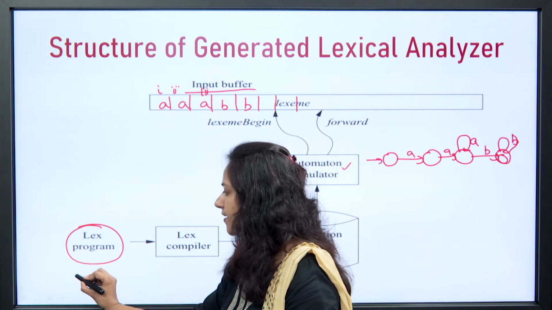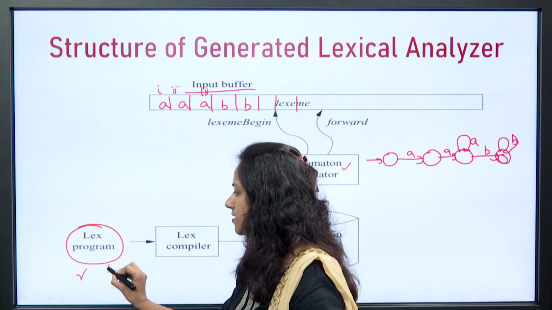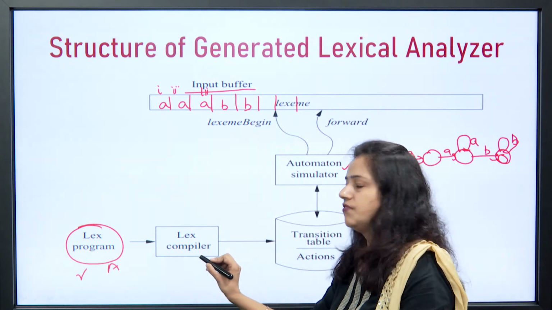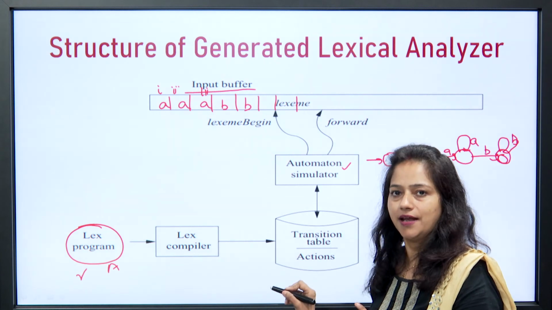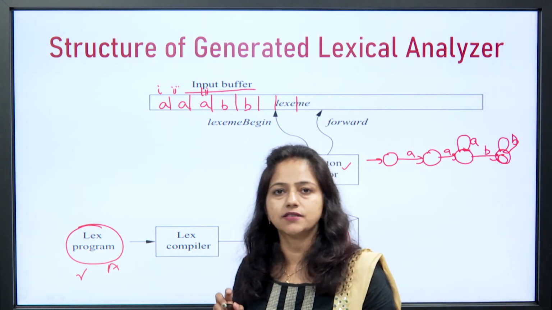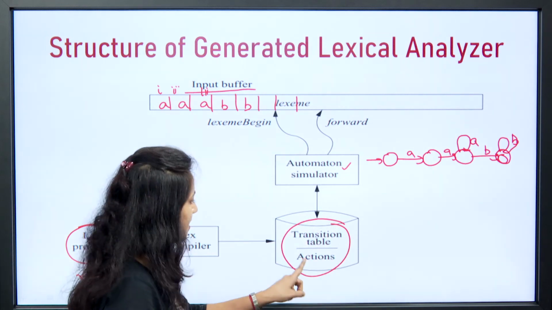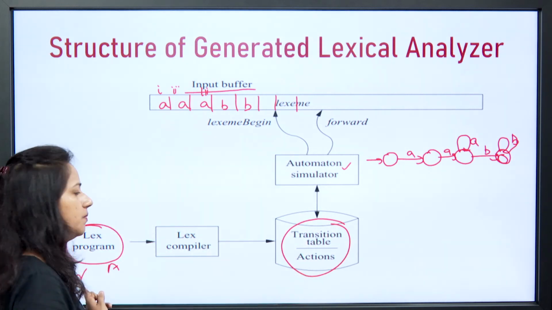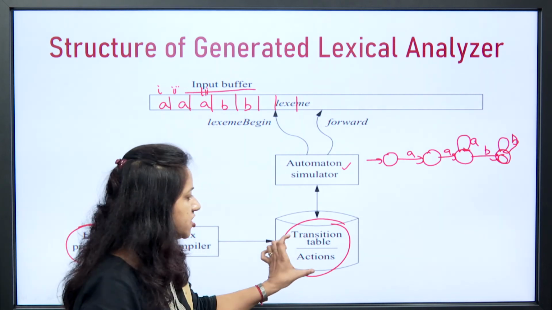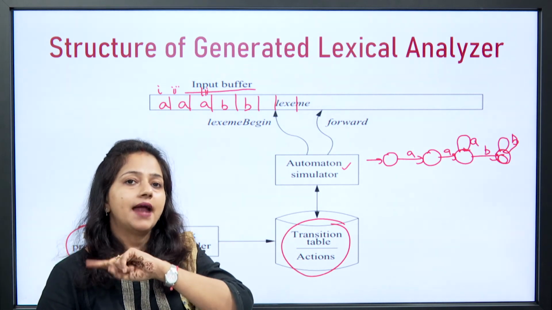The LEX specification contains regular expressions and associated actions. The LEX compiler will produce the lexical analyzer, and broadly the lexical analyzer contains the transition table as well as the actions with respect to the patterns written over here. So, we will get the transition table for every pattern and its action.